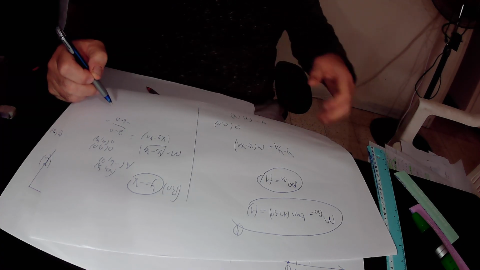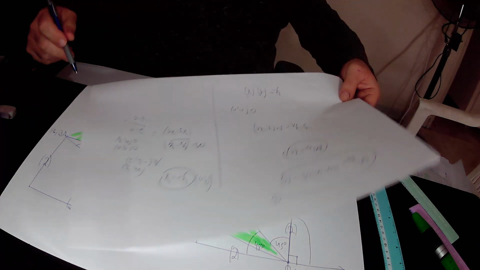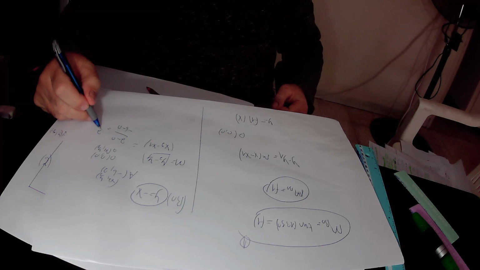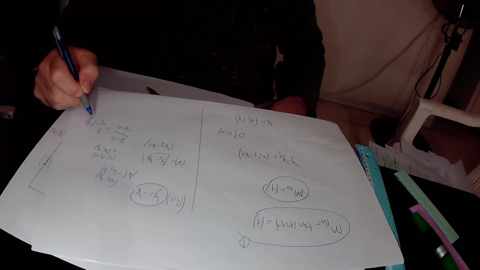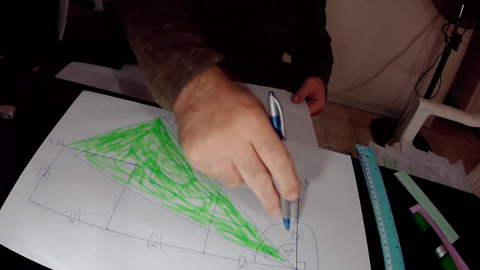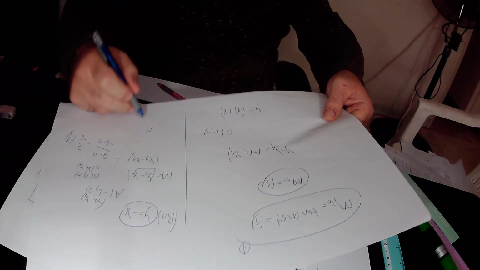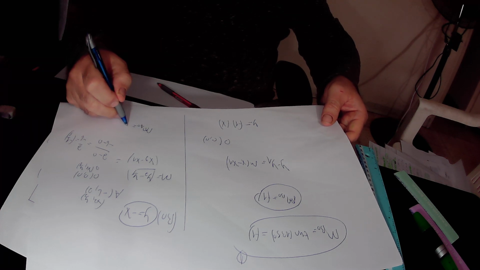So we found that the slope of the straight line AO equals 2 over minus 6, that is minus a third. So the slope of the straight line AO equals minus a third.